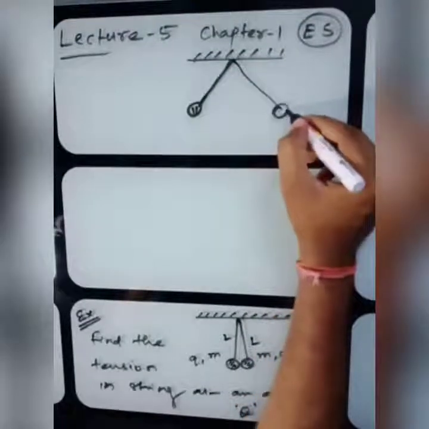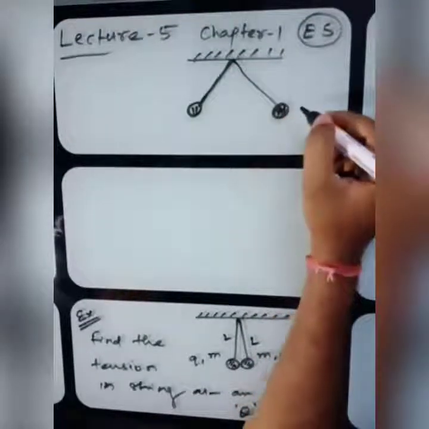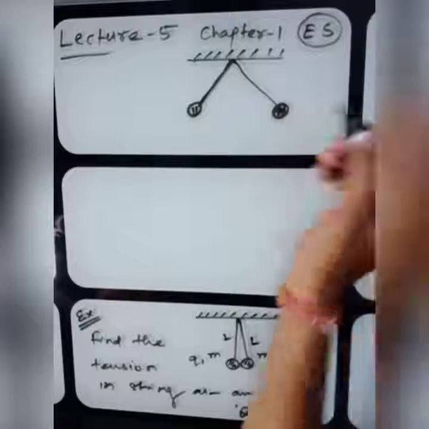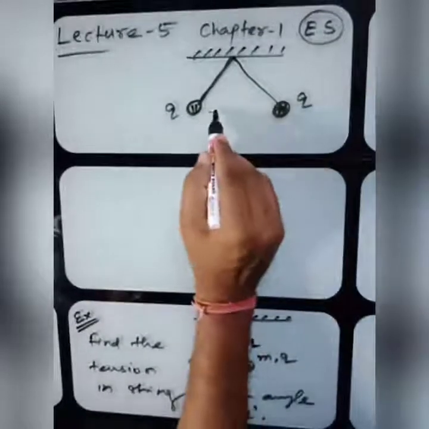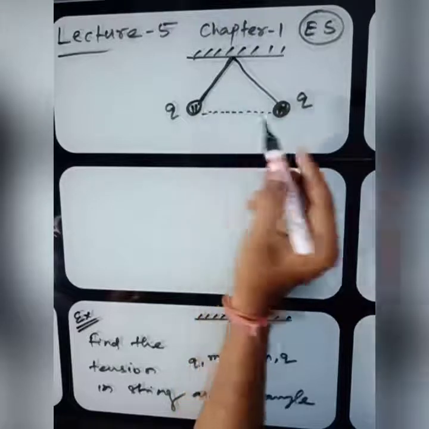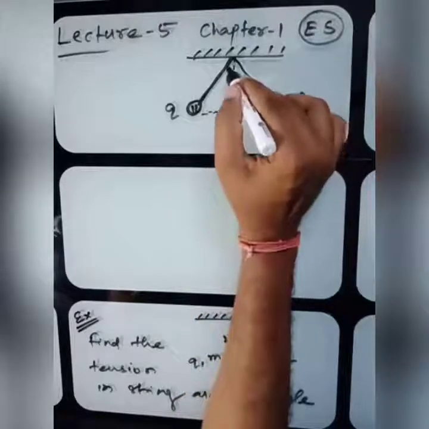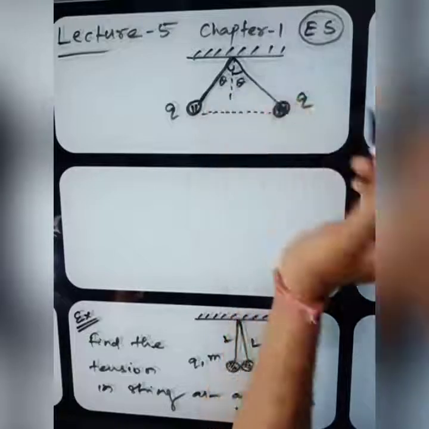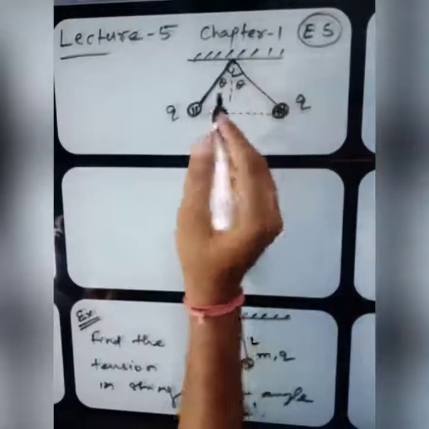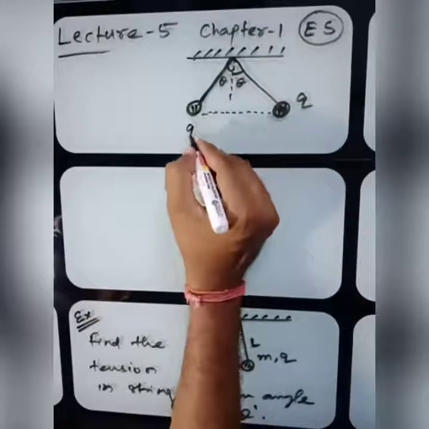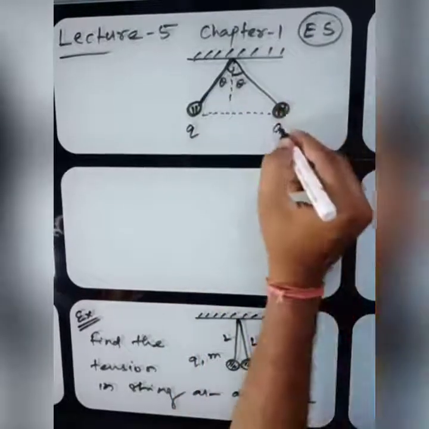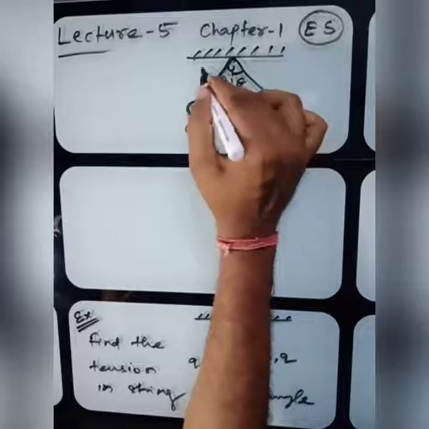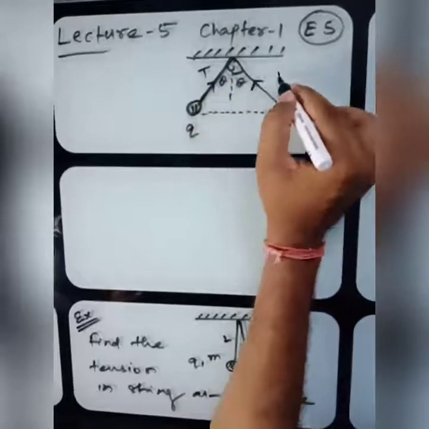Both are identically charged, Q and Q, and with the same mass, they will separate by some distance. Let the angle be theta. Of course, since the balls are displaced, there must be some tension in the string. Let it be T.